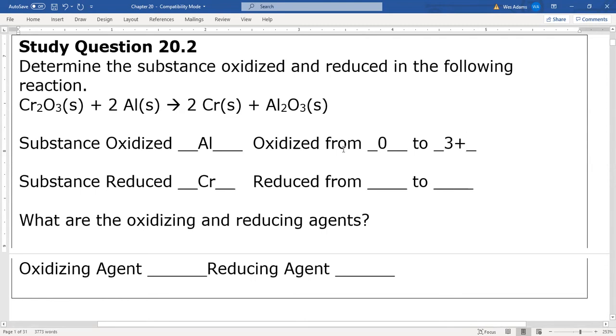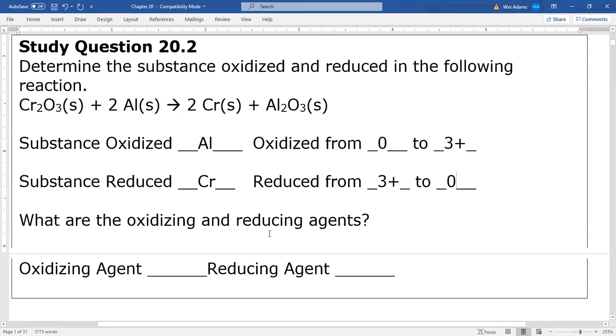That definitely works out. The reverse is true of the chromium. That's minus 6, just like before, so 2 times plus 3 should even it out. So we've got 3+ here, and it goes to a 0 there.